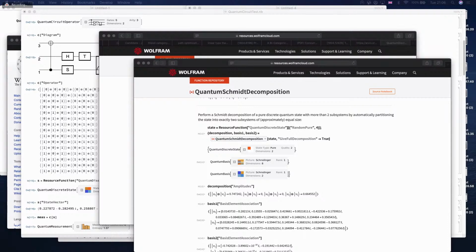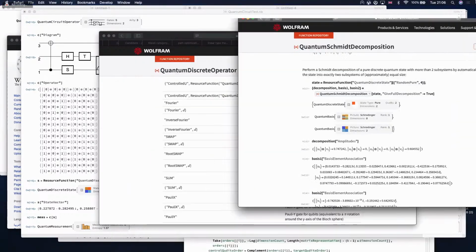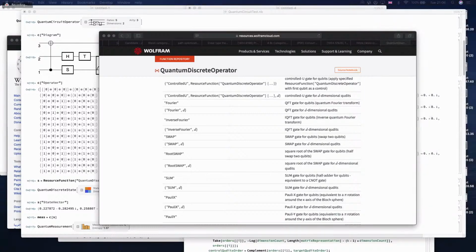But the fundamental question here is, given logic circuits, I don't even know how to do this for classical logic. I did this thing in NKS, actually. For n input logic, if you have n inputs and one output, there are 2 to the 2 to the n possible Boolean functions.